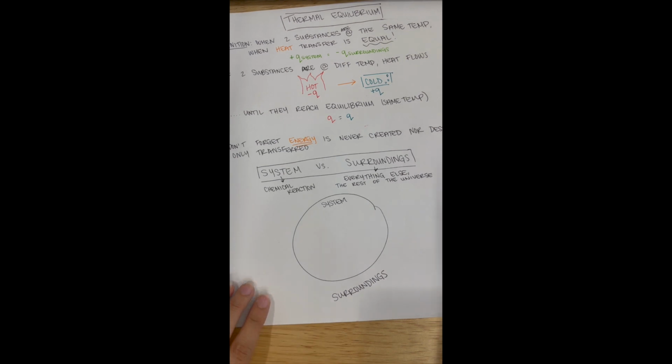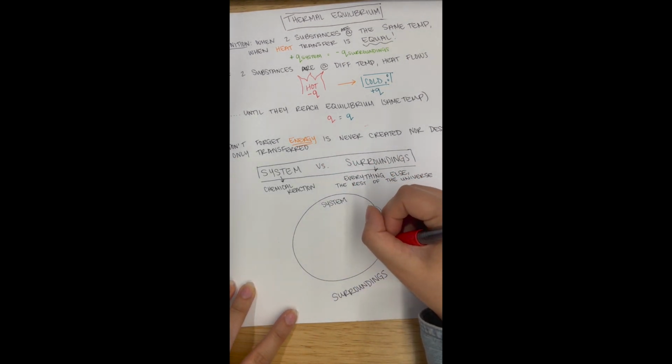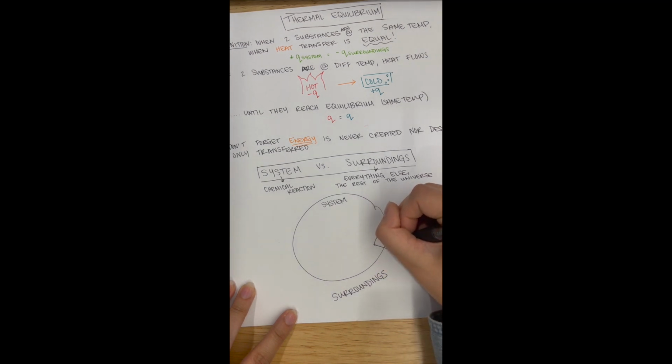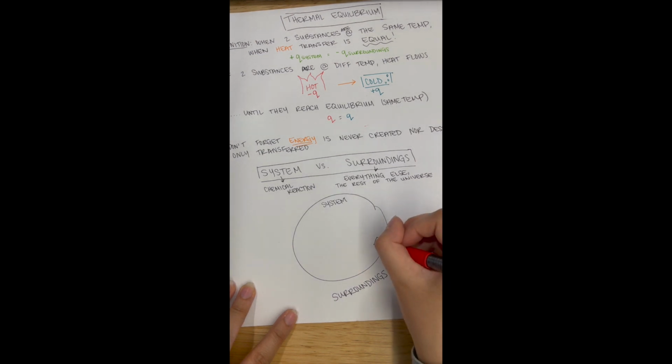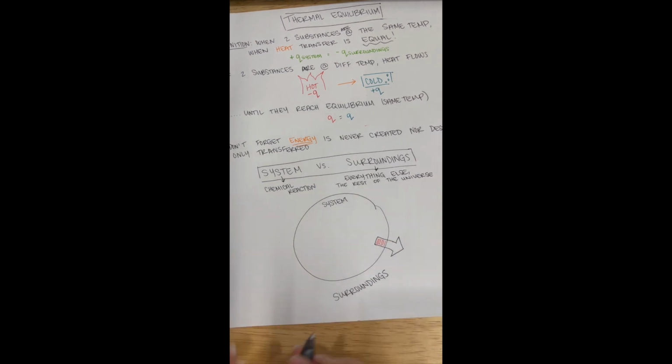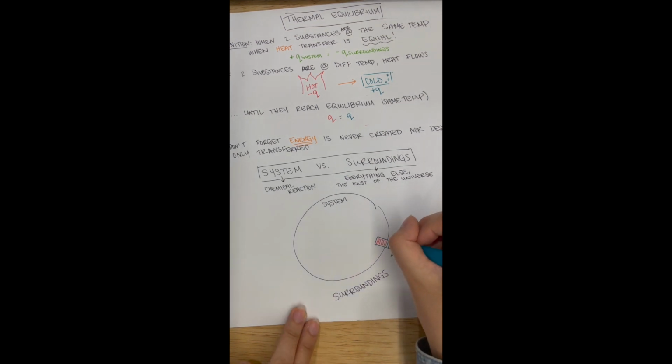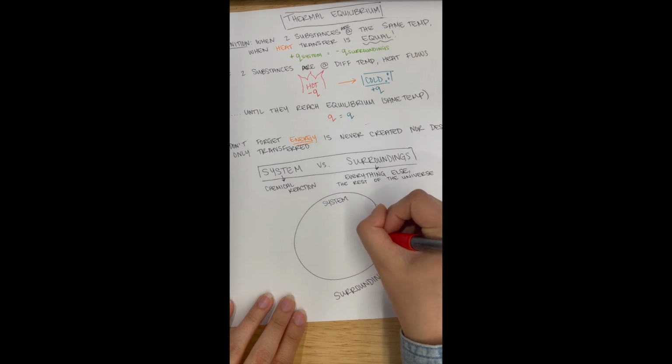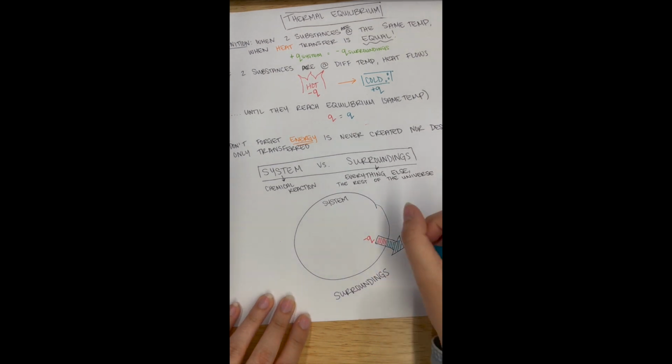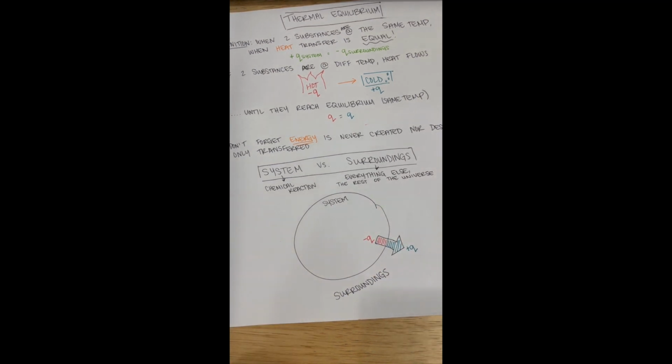If my system is hot, energy is going to flow from my system to the surroundings, where the inside is hot and the outside is cool, which means our system is going to be losing that heat and our surroundings will be gaining that energy.